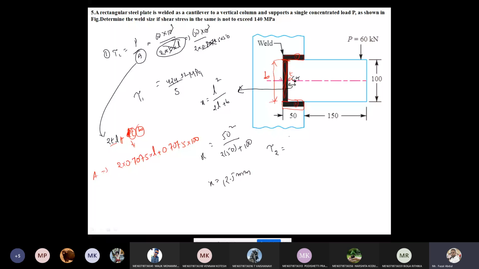To calculate secondary shear stress, the equation is P into E into R2 by the polar moment of inertia. For the polar moment of inertia, from the table we have to write this J value.